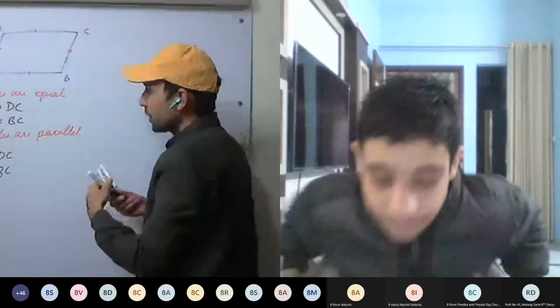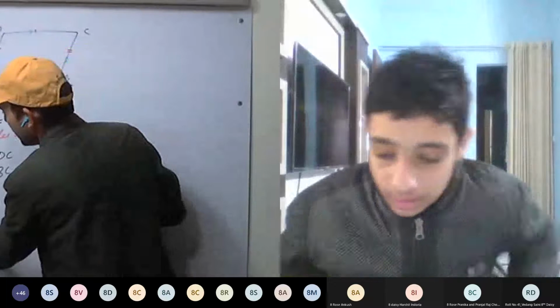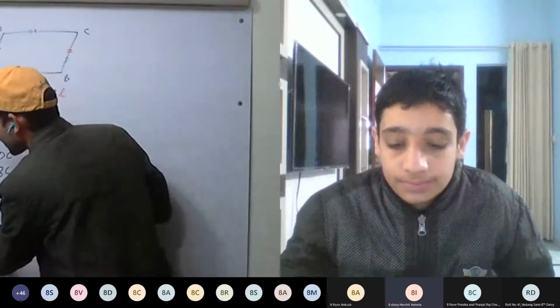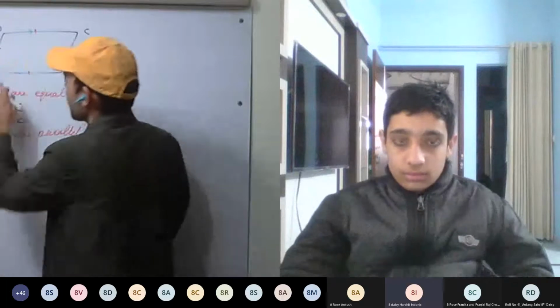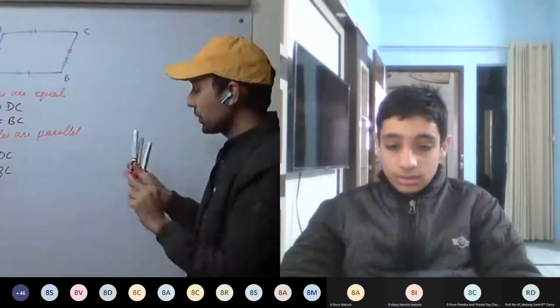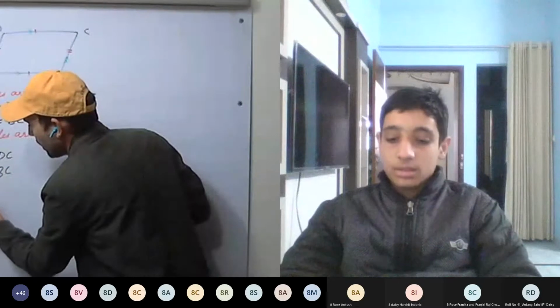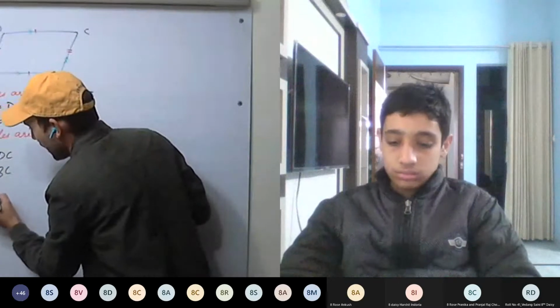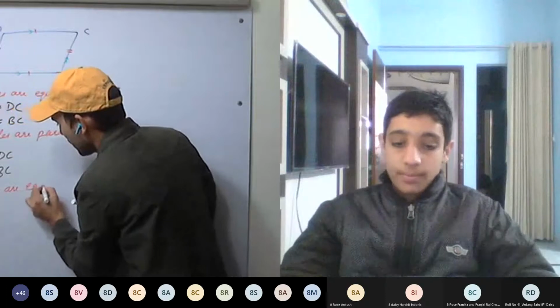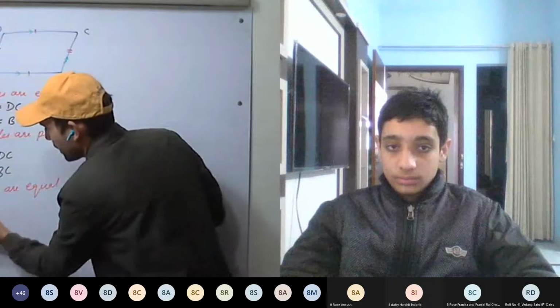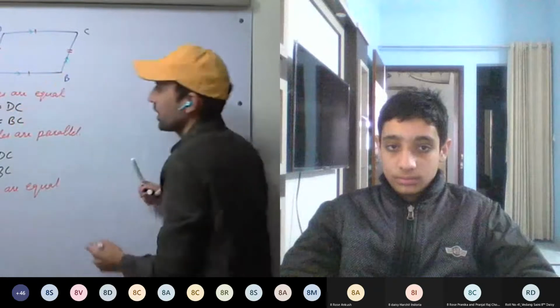What could be the third property? Angles are equal. Which angles are equal? Opposite angles are equal. So here, angle A will be equal to which angle?